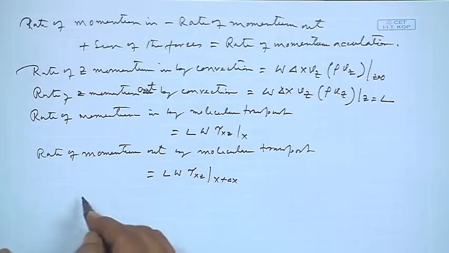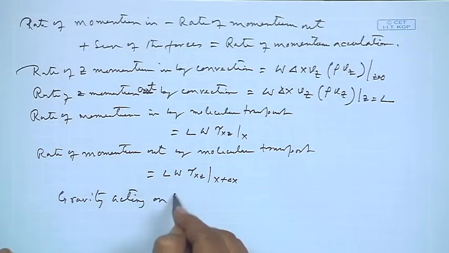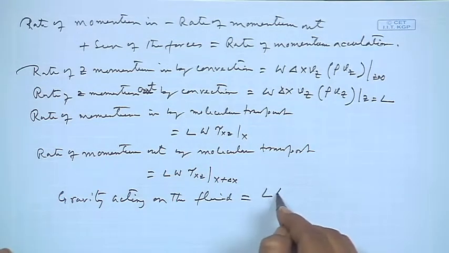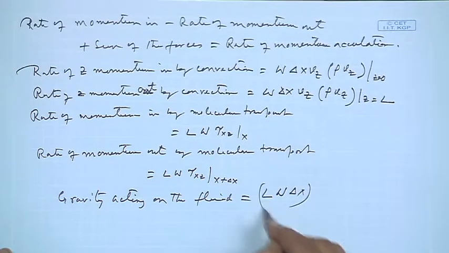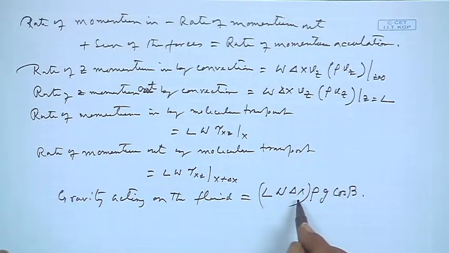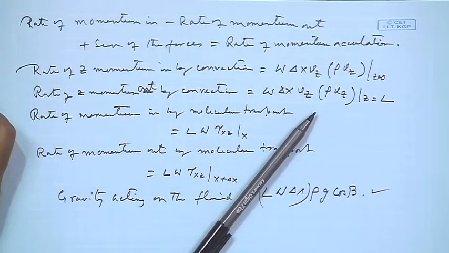And the gravity acting on the fluid is equal to L W delta x times rho g cos beta. L W delta x is the volume element, times rho g cos beta, which is the gravity acting on it.